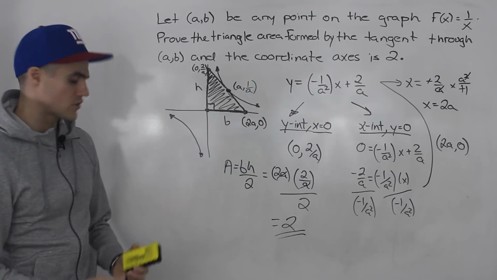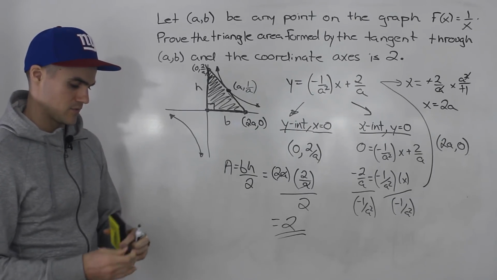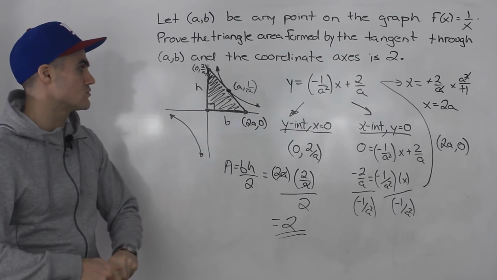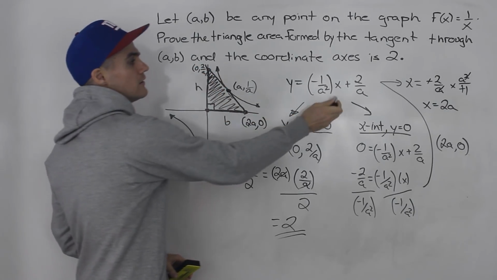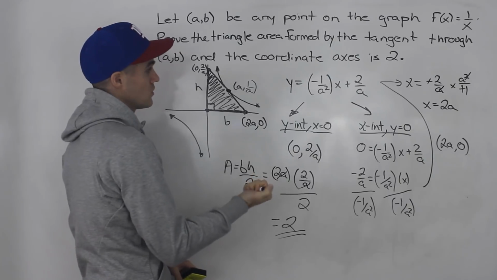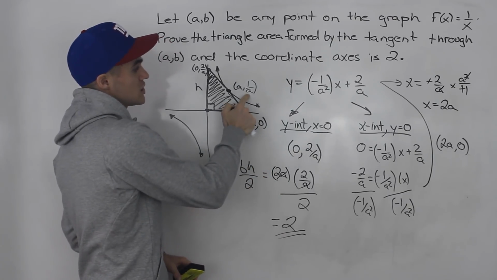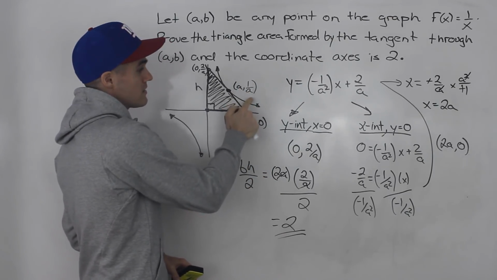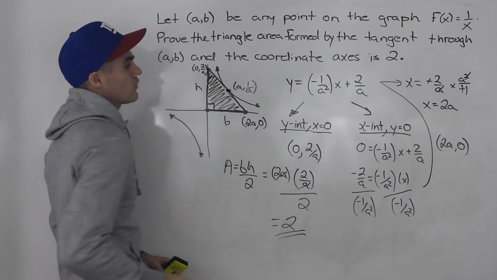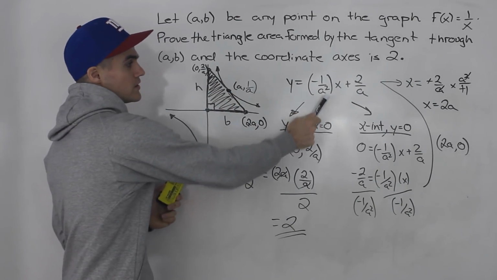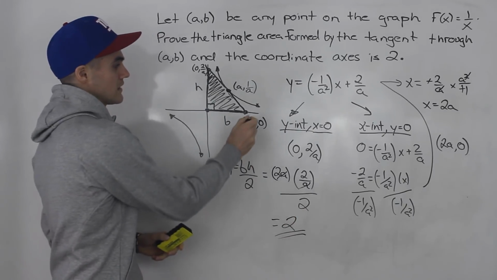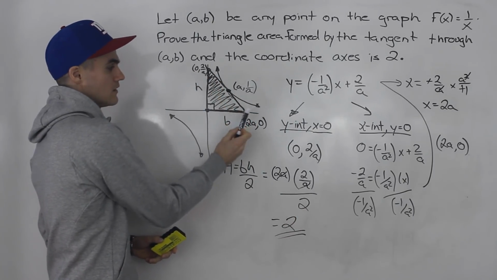Right? So fairly tricky question. You basically have to get the equation of this tangent line all in terms of a. So one of the first tricks actually was to change that b value to 1 over a, since it's on the function 1 over x. And then, yeah, once you get this equation of the line, find the x-intercept, find the y-intercept.